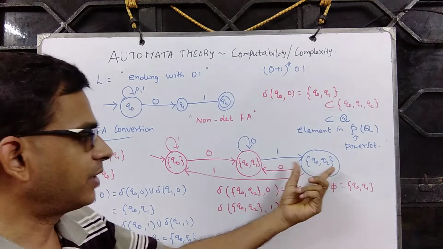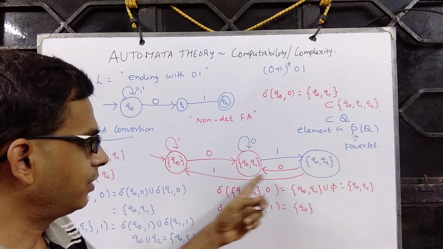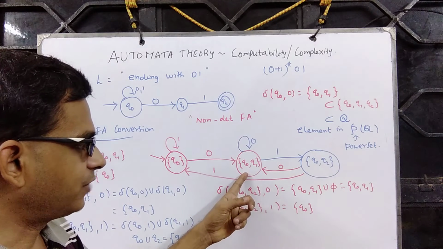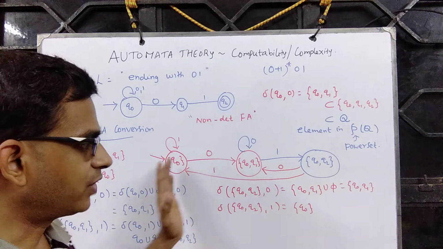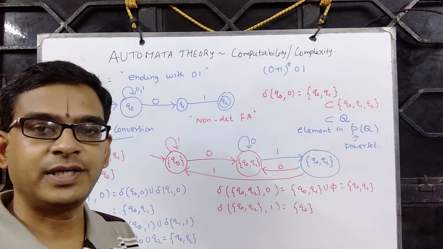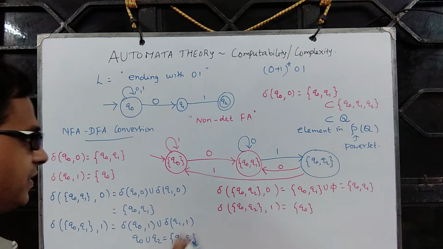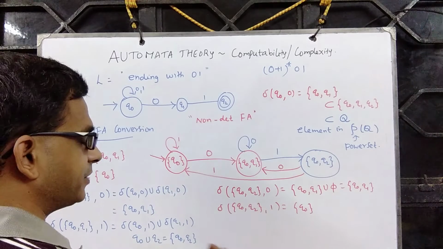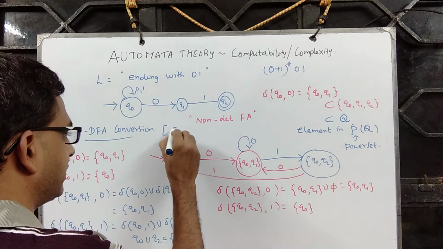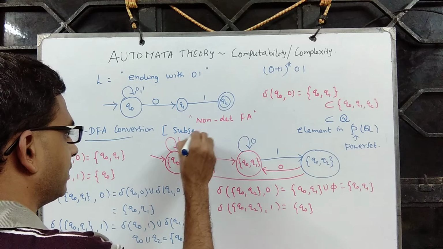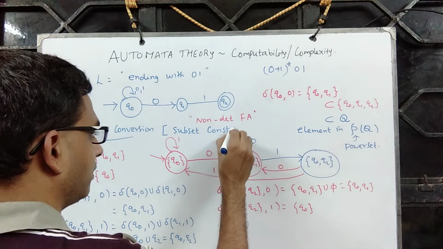Again from this apply 0 and 1, but it turns out that on application of 0 the output was this, on application of 1 the output was this. So we have not generated any new subset. We can stop our algorithm. Because we generate subsets iteration after iteration, this method is called the subset construction method.